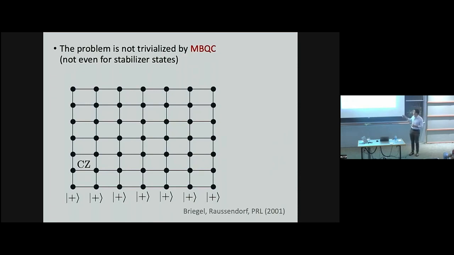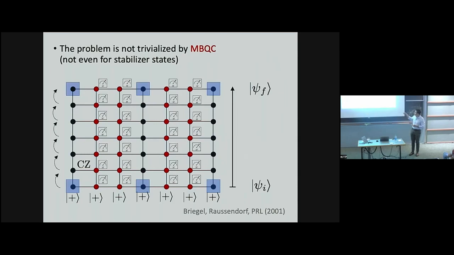So what I would do is I would prepare a 2D cluster state, and then I would interpret this as my trivial initial product state, and then I would proceed by measuring some of the qubits in this grid, adaptive measurements, and then at the end, I will interpret each line as a time step. At the end, I will read the prepared state in the output of this tower. So for stabilizer states, in fact, I can perform all these measurements simultaneously, and so apparently this trivializes the protocol, and it seems like I can create any state in this way.